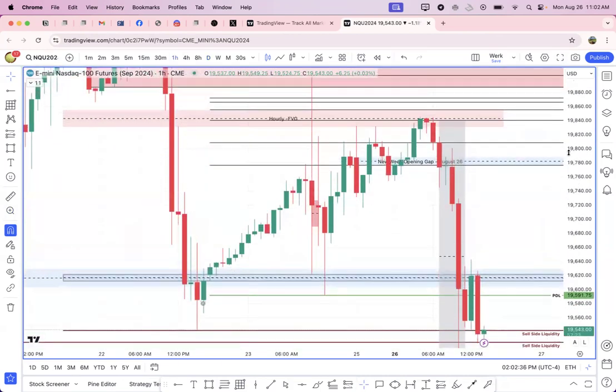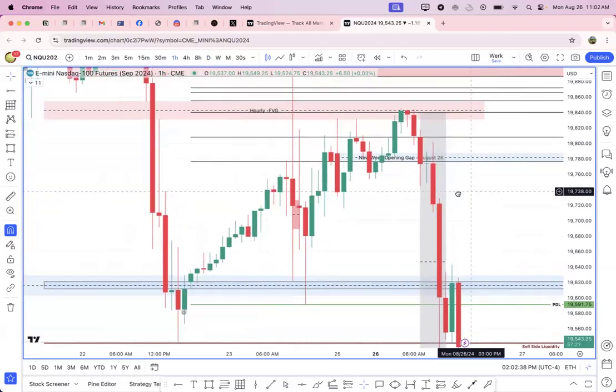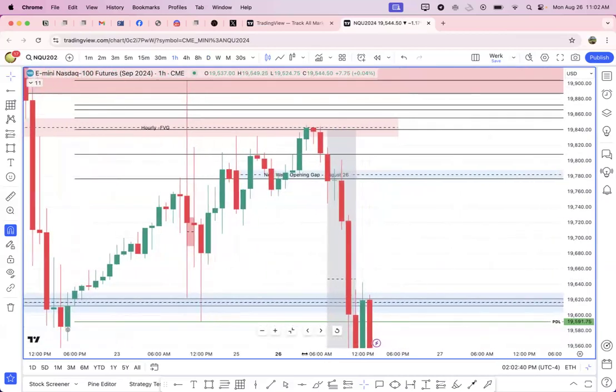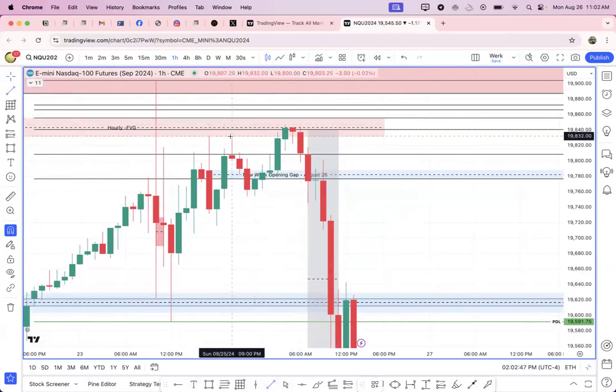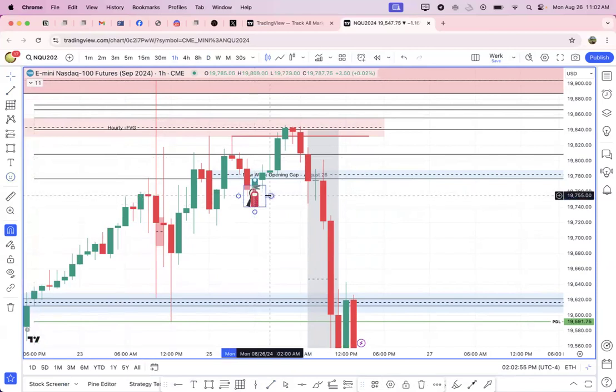Then you will see the 2022 YouTube model on this chart right here, and it is there on the hourly chart.